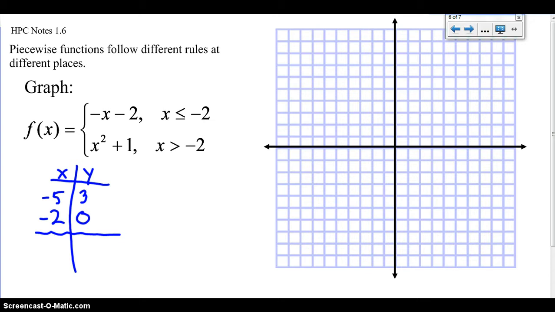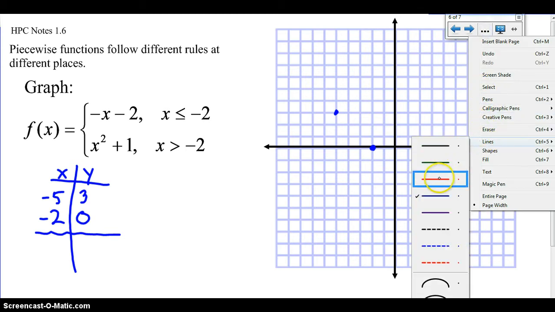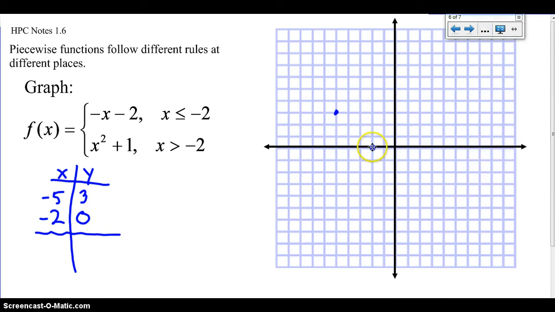So I can go ahead and plot that graph, -2, 0, and -5, 3. And our line would only go, remember, to the left as the rule changes once we get to that -2 x value.